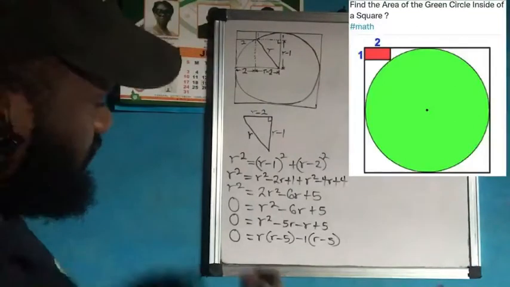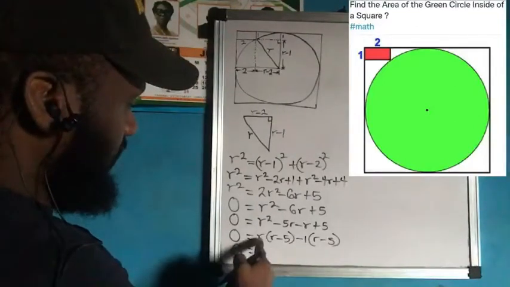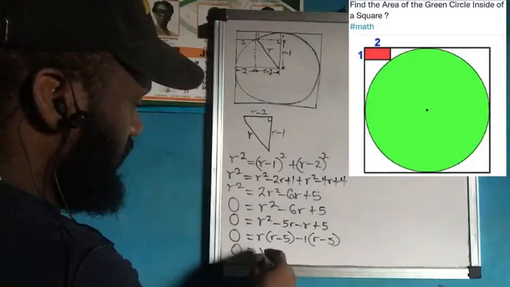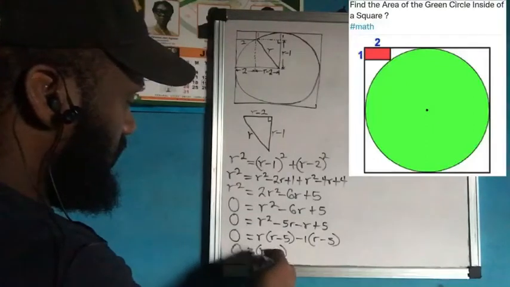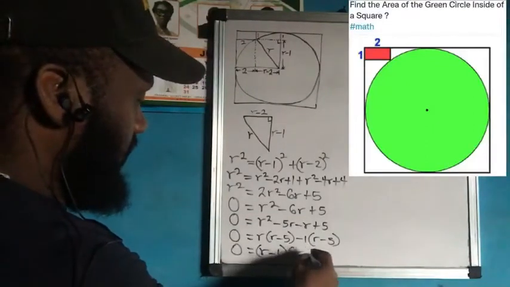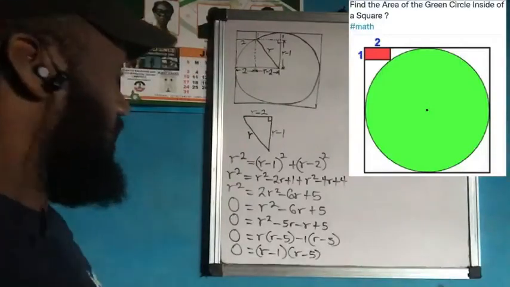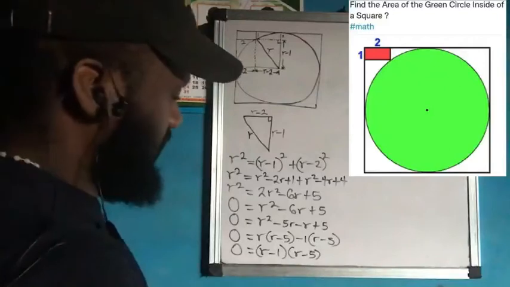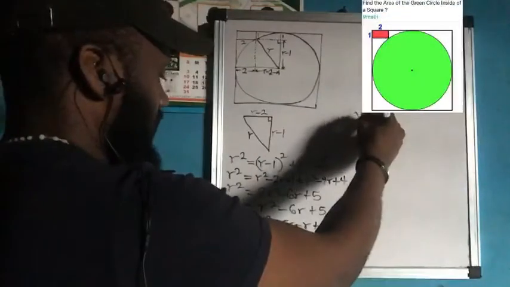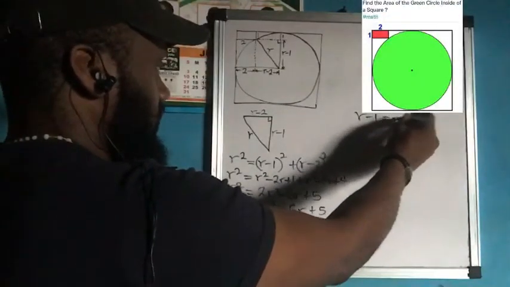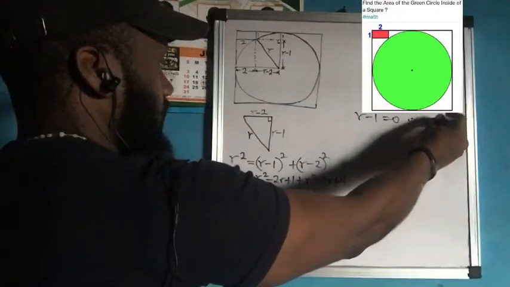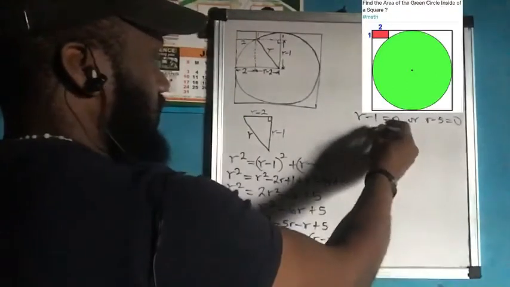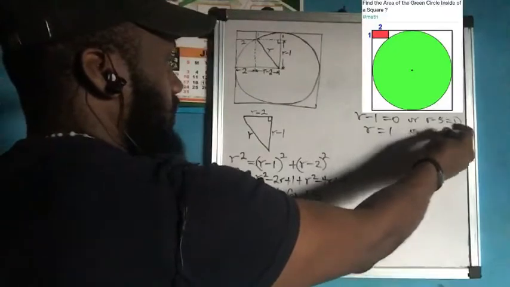So we'll now have r minus 1 times r minus 5. So what we have is r minus 1 equal to 0 or r minus 5 equal to 0. So r is equal to 1 or r is equal to 5.